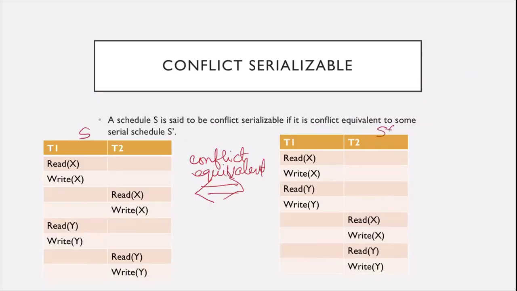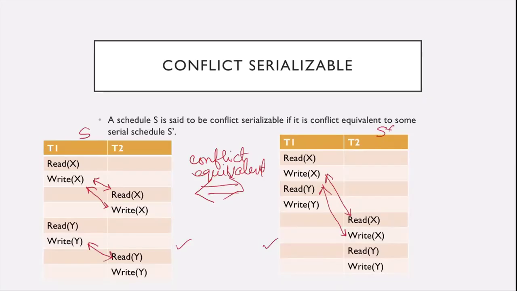So if I have S and S dash as my schedules, are these two schedules conflict equivalent? Let's see. Yes, for X, T1 write and then read; then write, first T1, then T2. For Y, these two are conflicting.